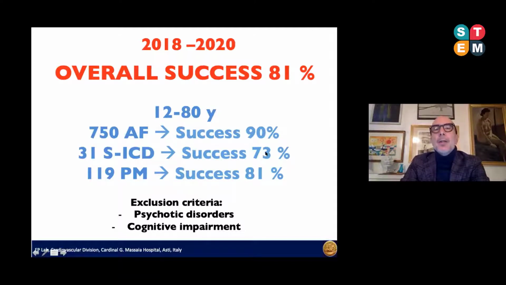I think that these differences may be due also to the type of patient, because of course pacemaker patients are older compared with, for example, the atrial fibrillation patients, and the patients who underwent SCID may have a different disease per session, maybe with a higher level of anxiety that may sometimes reduce a little bit our percentage of success. Of course, we have to exclude psychotic disorder and cognitive impairment.